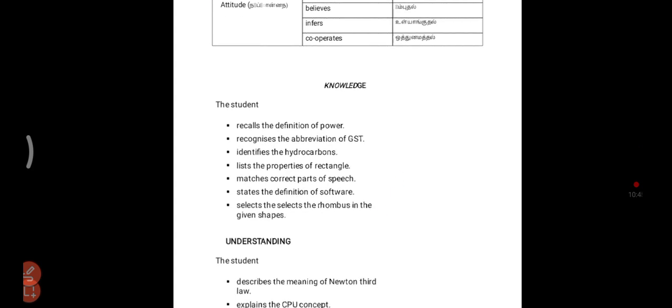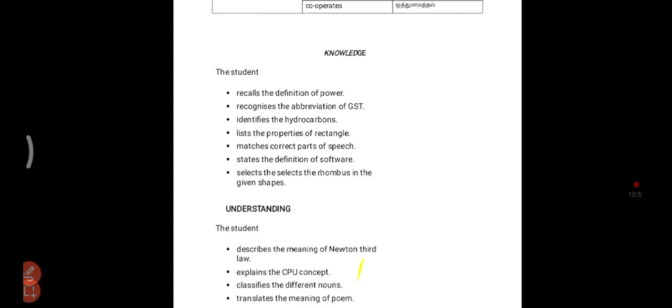Examples of knowledge objectives: recall the definition, recognition, appreciation, the properties of rectangles.